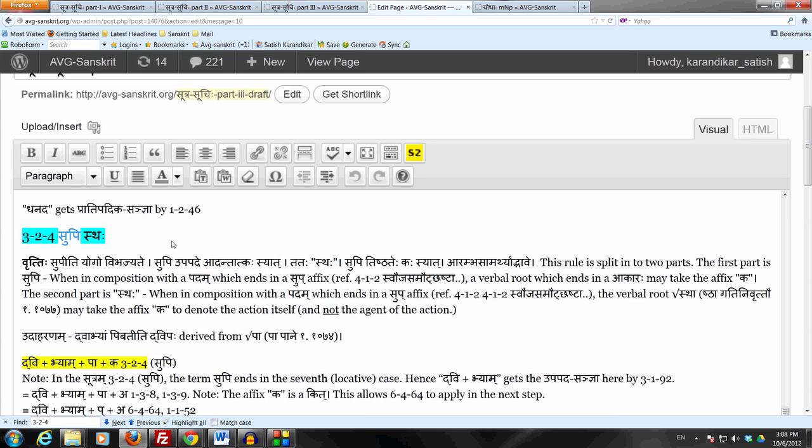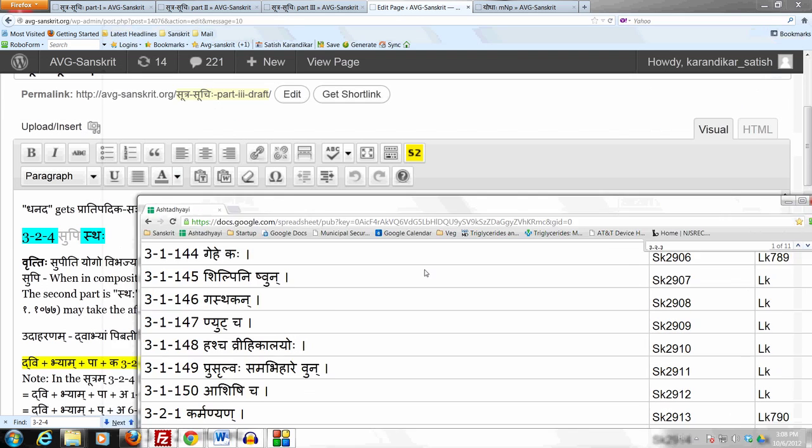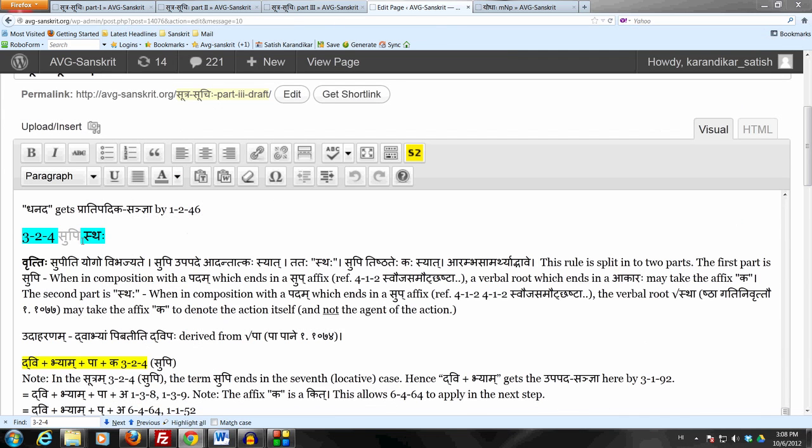So Supisthaha in the Ashtadhyayi is listed as a single sutram, but the Parampara has it split and made into two rules, which are Supi and Sthaha. And we will see now why it is done that way.